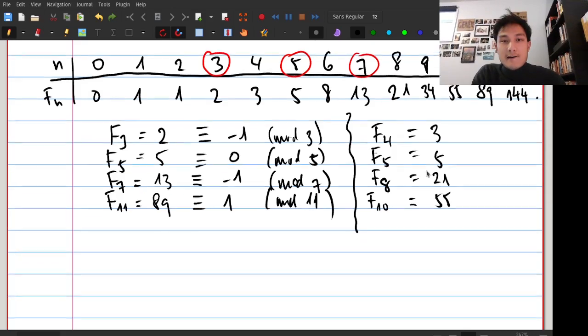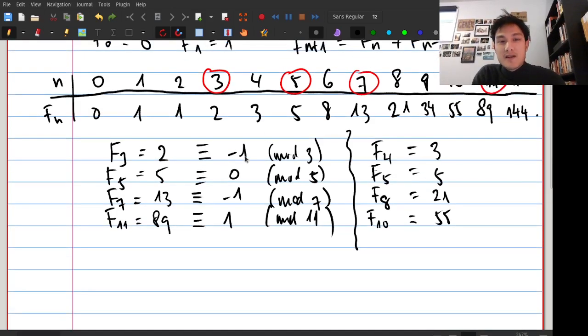We get a number that seems to be minus 1, 0, or 1 whenever we take Fp mod p. And then if you take Fp, but in the index you subtract whatever number you get here, you seem to get a multiple of p. That's the pattern.